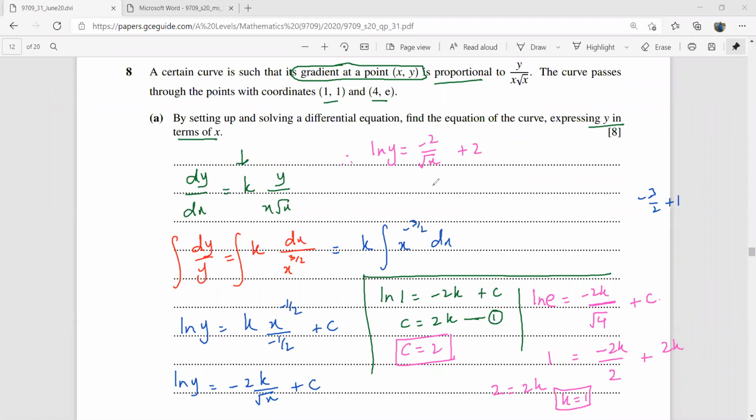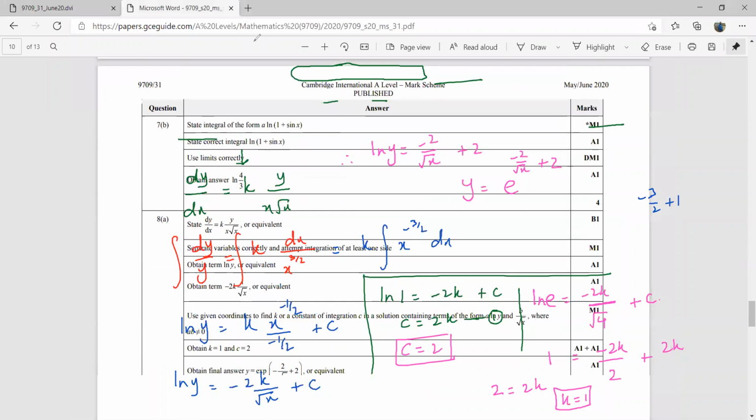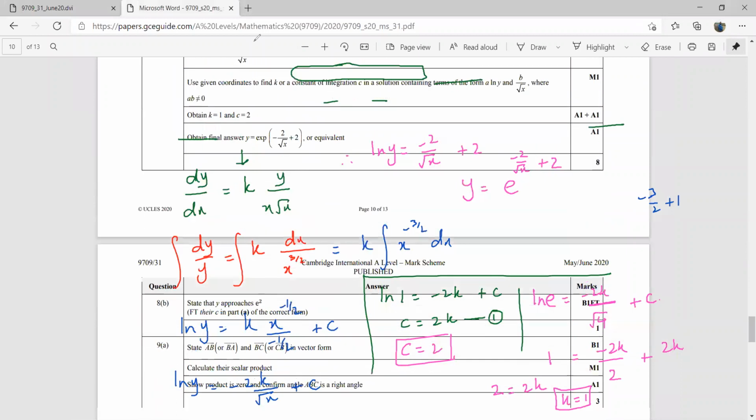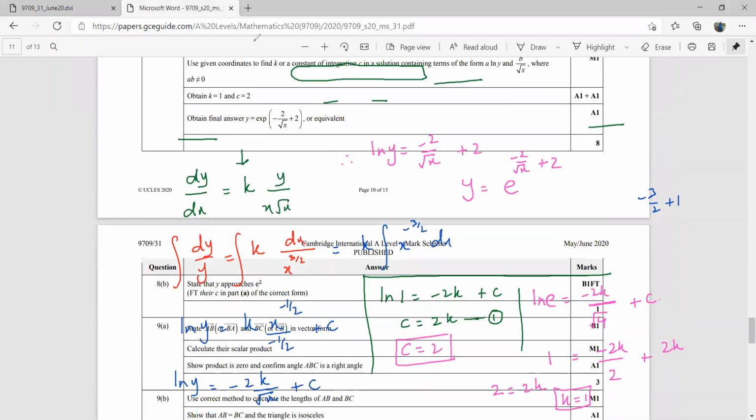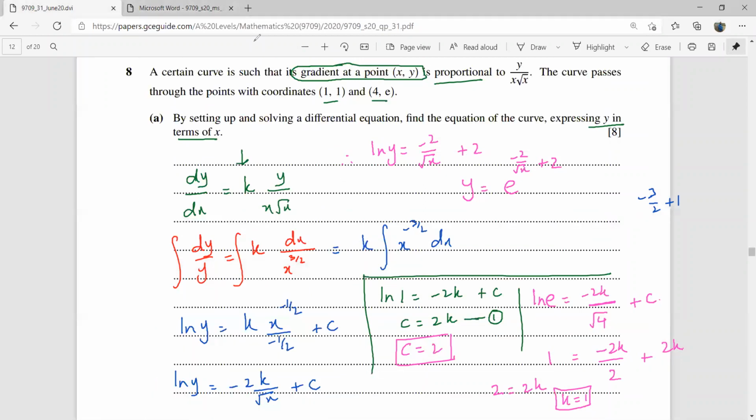And in one step, we can say that y is equal to e raised to power minus 2 over under root x plus 2. Let me check the answer. Yeah, this is absolutely right. And thanks to that student who intervened at the right time and saved us from wasting a lot of time.